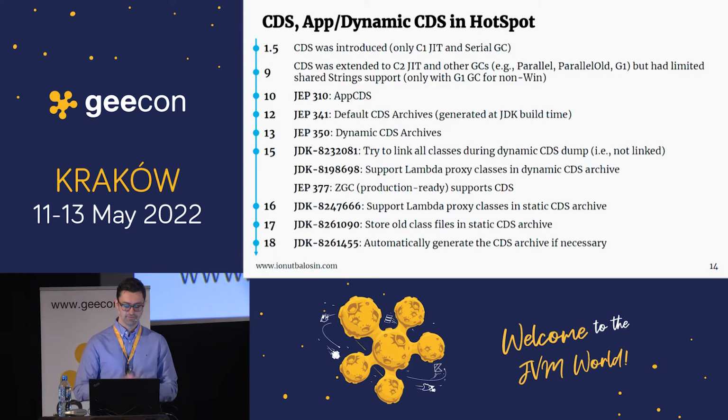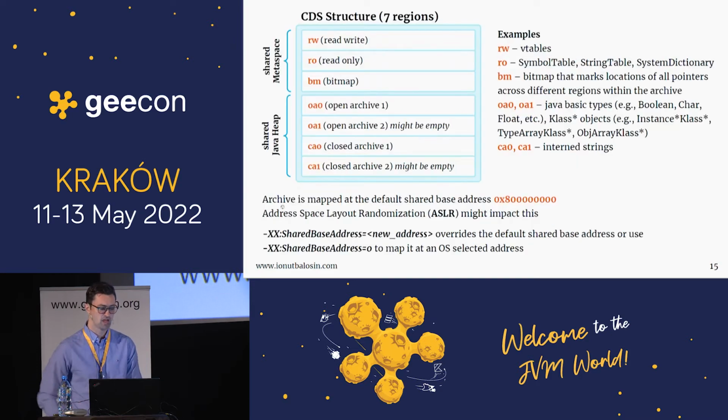This changes starting with 18, in the sense that you can upgrade the JDK and use a previously created archive. So things are getting more and more interesting. In a nutshell, the newer the JDK you use, the better. Well, this is not always easily possible in practice. Nevertheless, you have to understand these things.